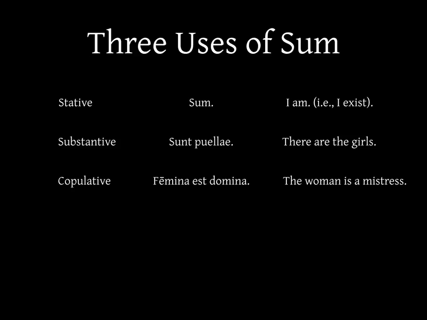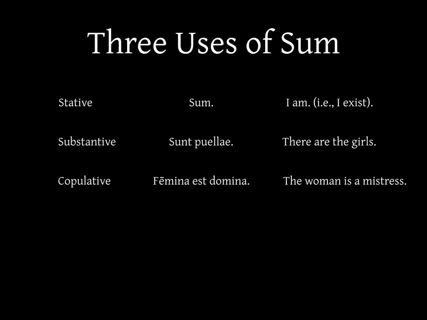So we can say sum, and it just means I am. In other words, I exist. You are. You're a person. You exist. So that is the stative function of sum, and it means you can have in Latin a one-word sentence, sum. It has a subject, I, and it has a verb, am.